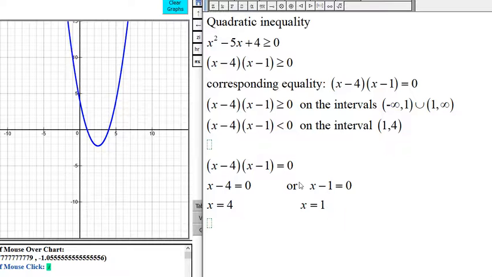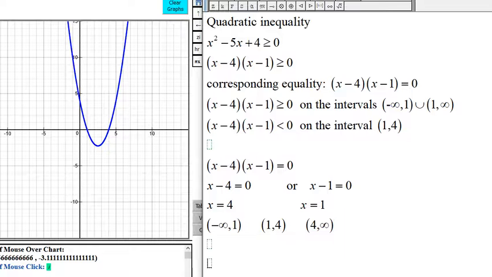Then we would set up 3 intervals: the interval from negative infinity to 1, 1 to 4, and then 4 to infinity.